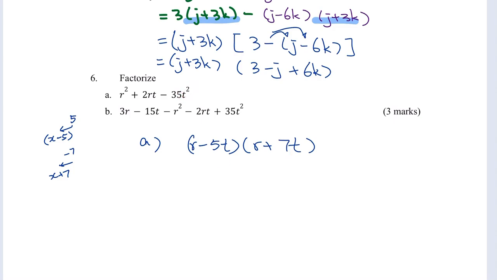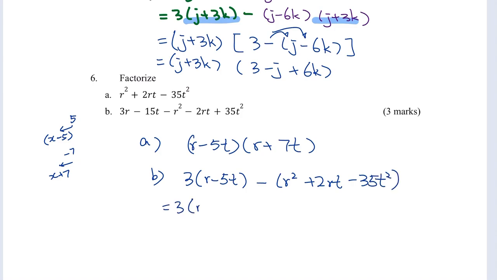Okay. And then part B, anything common in front? Yes, 3. So R minus 5t is left. And then at the back, we take out the negative sign. So R square plus 2Rt minus 35t square. And then that is same as part A. So you will write it back like you had in part A. And then between these two things, anything common, you take that out.